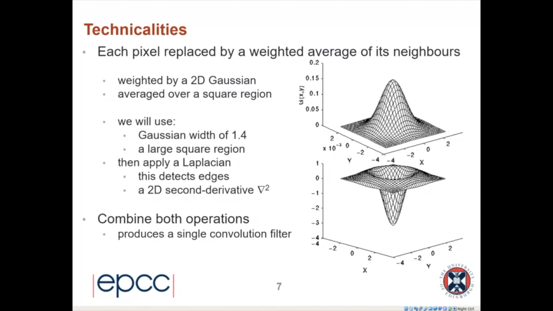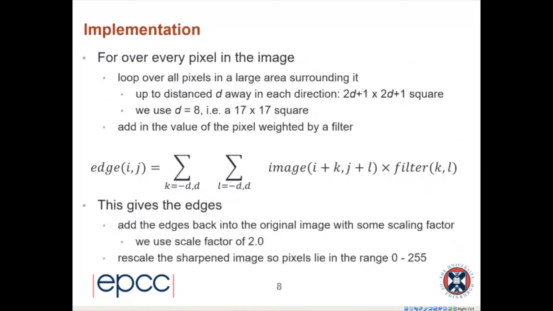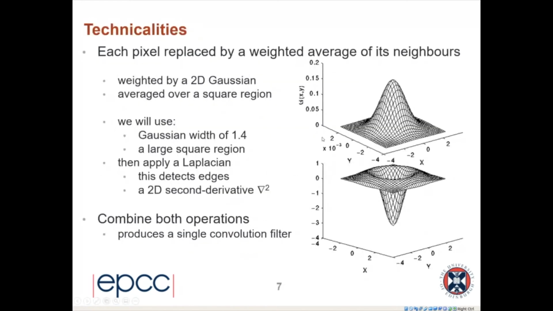It's not obvious, but it's a bit of math to convince yourself that if you average every pixel with all its nearby pixels using this strange weighting function, which has both positive and negative values, you are simultaneously doing the smoothing and the edge detection. This is called a convolution operation.